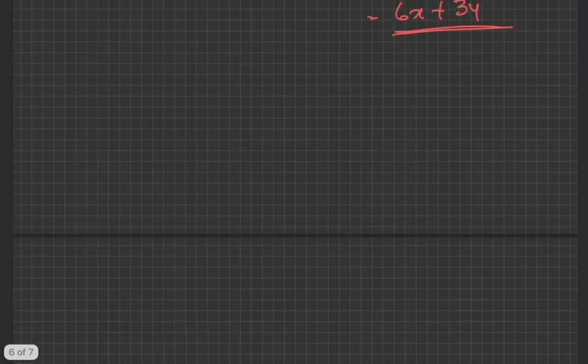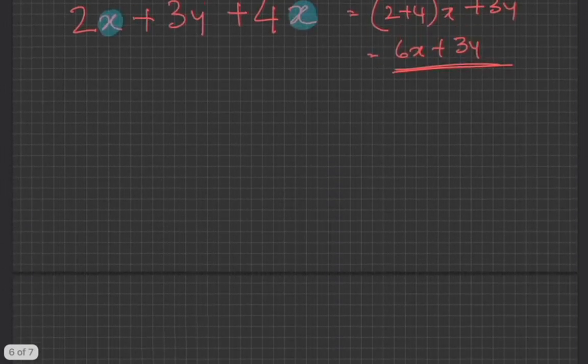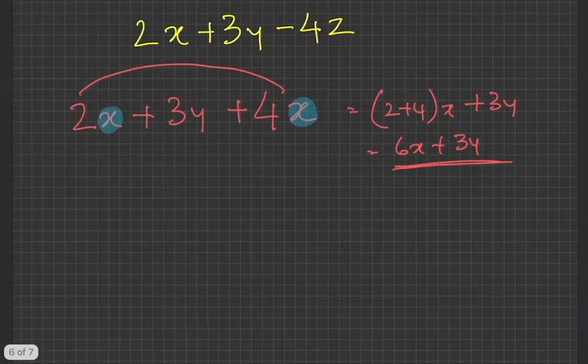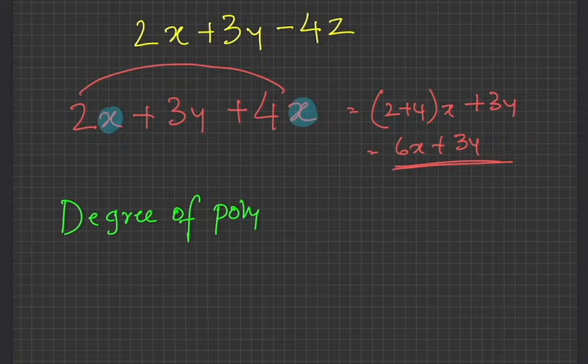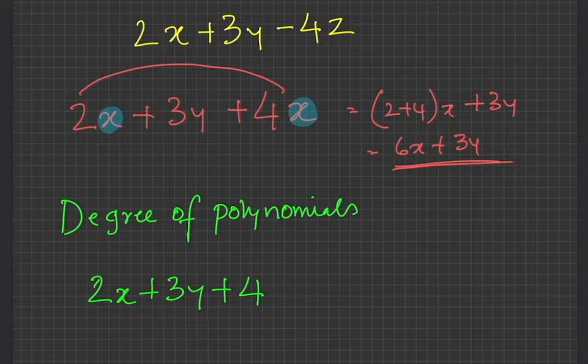Let's go to something called the degree of polynomials, right? Remember, when we say 2x plus 3y plus 4, you can see that I have two variables here, x and y.